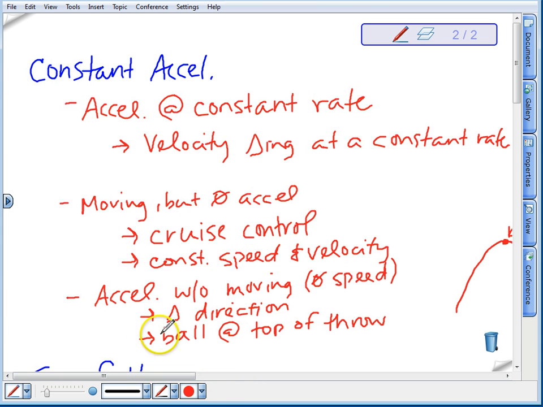Okay? So when we're talking about a constant acceleration, we mean that you are changing your velocity in some way, and it's the same way consistently throughout.